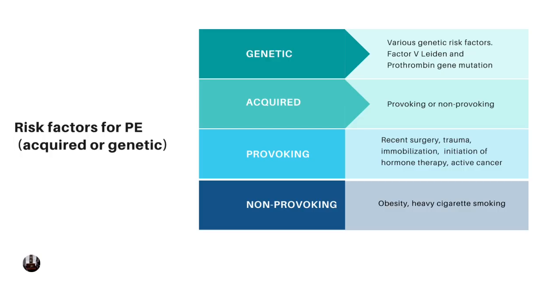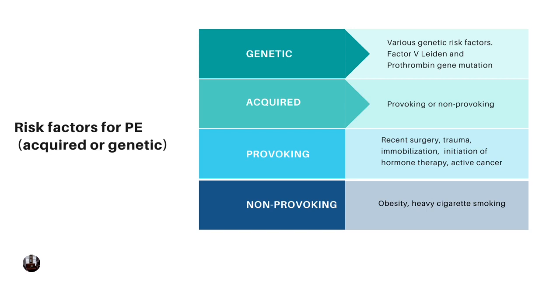The risk factors for PE may be acquired or genetic. The genetic components include, and are not limited to, thrombophilia, which is a clotting disorder in the form of factor V Leiden and prothrombin gene mutation.